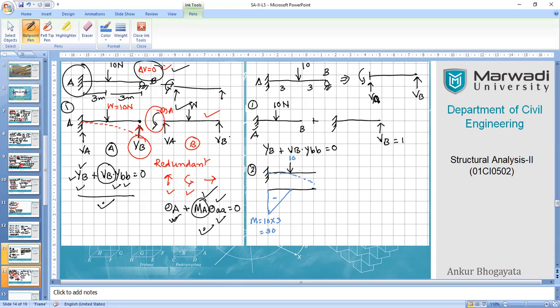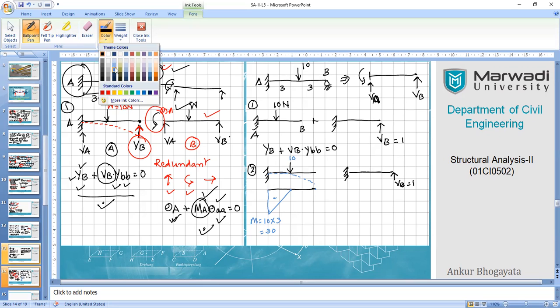10. So that will come back a little later. Right now, let's write down the other condition. Let us say here you have a unit force applied, that is VB equals 1. So how will it create the deflection?